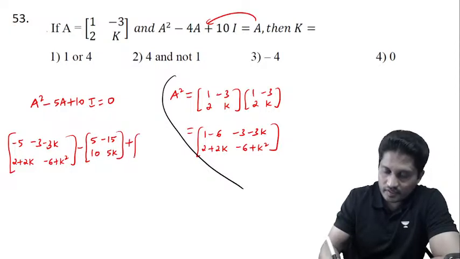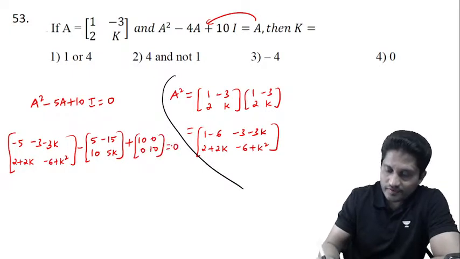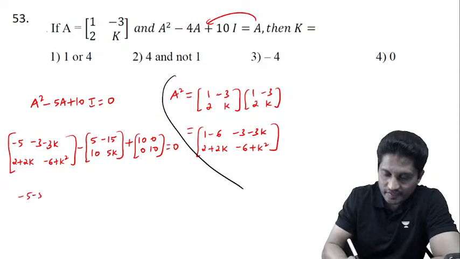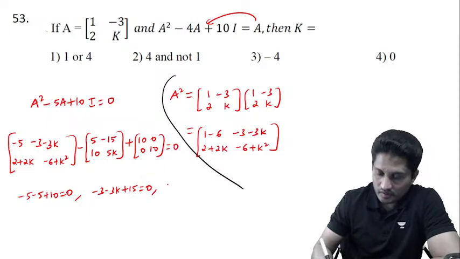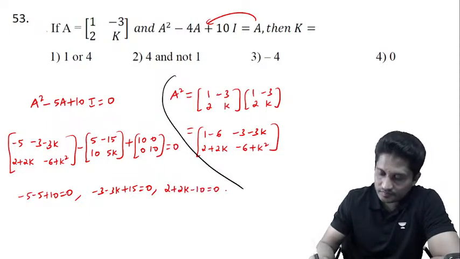This will be equal to 10, 0, 0, 10. Now if I equate, minus 5 plus 10 should be 0 only. Minus 3 minus 3k, minus of minus plus 15 equal to 0. 2 plus 2k minus 10 equal to 0. Minus 6 plus k square minus 5k plus 10 is equal to 0.